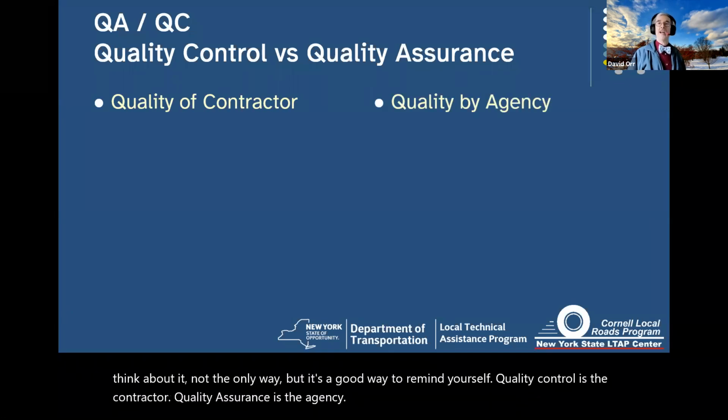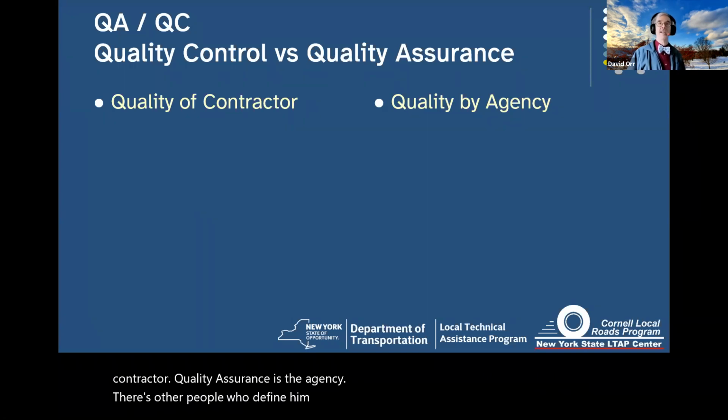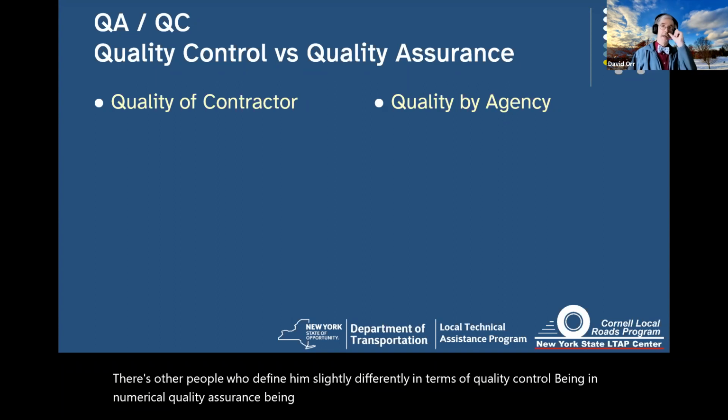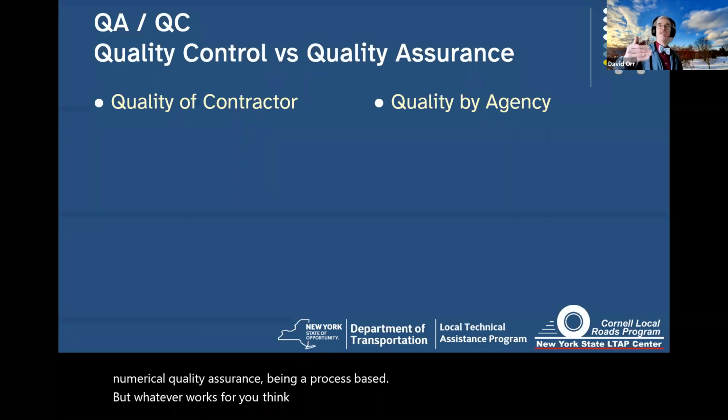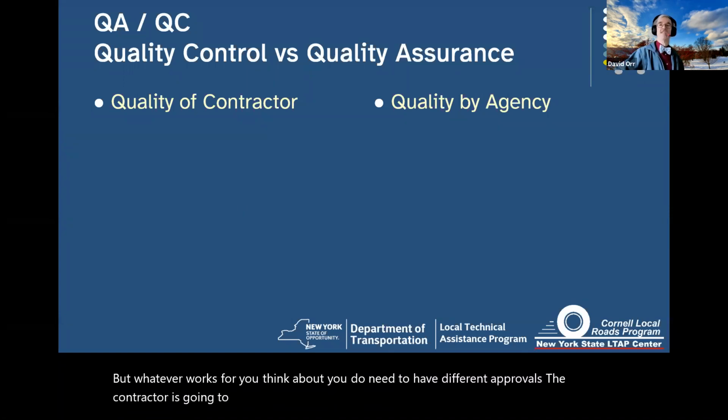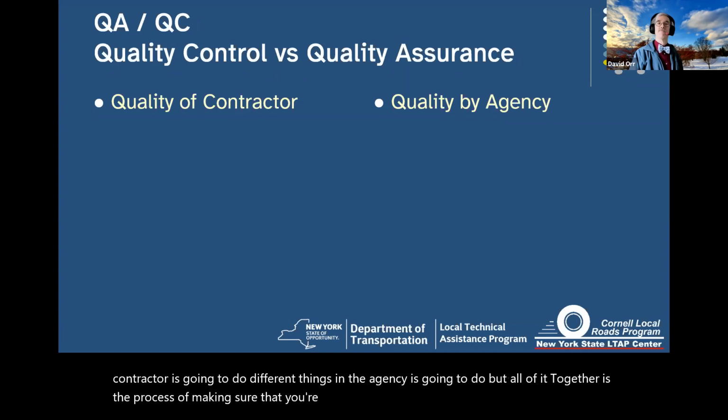There are other people who define them slightly differently, in terms of quality control being numerical and quality assurance being process-based. But whatever works for you, think about it: you do need to have different approvals. The contractor is going to do different things than the agency is going to do. But all of it together is the process of making sure that you're getting what you're paying for.